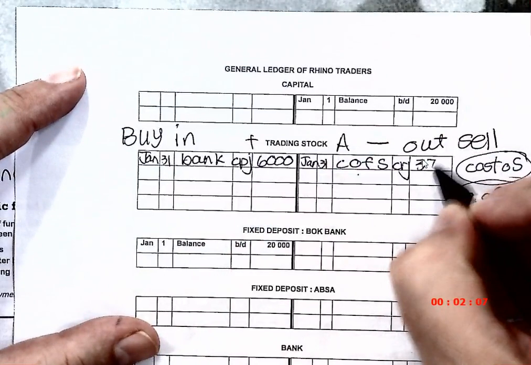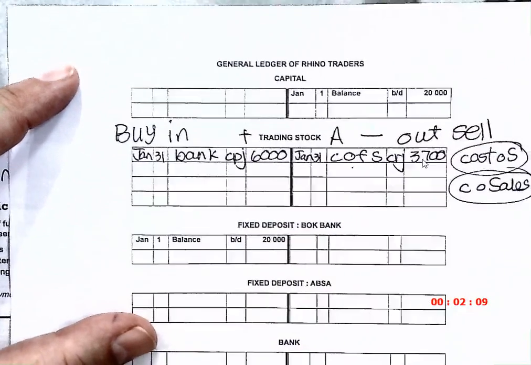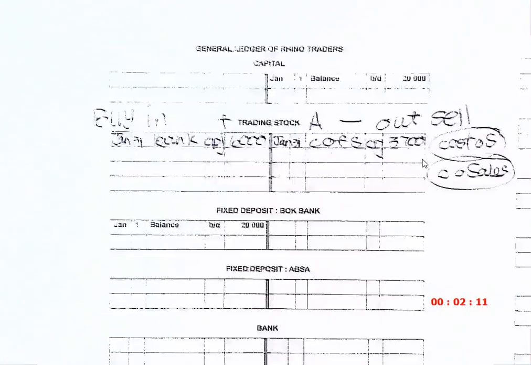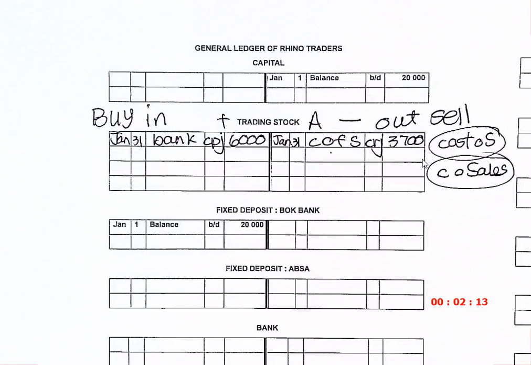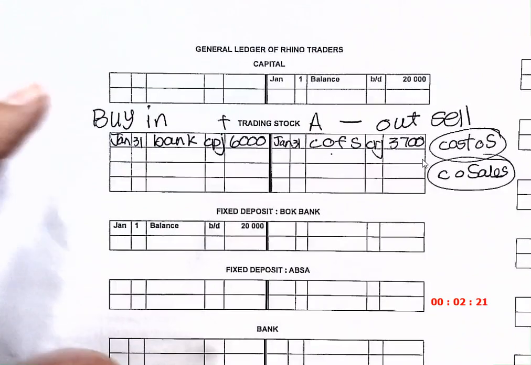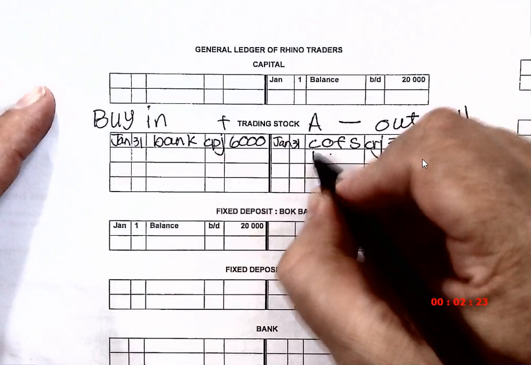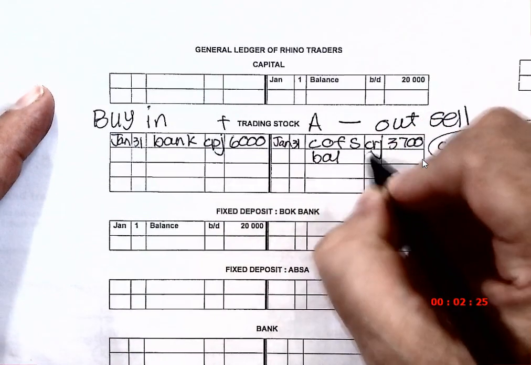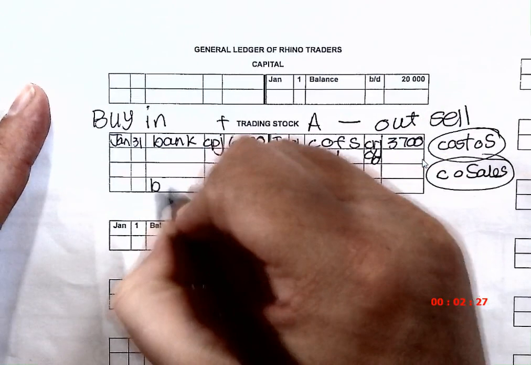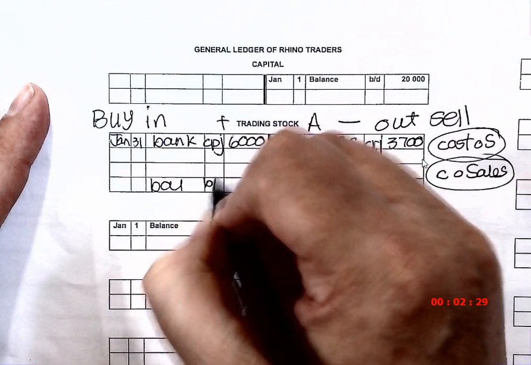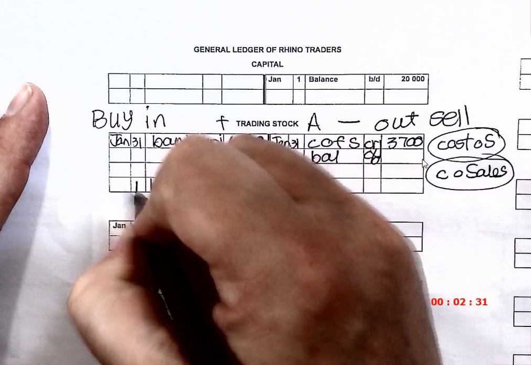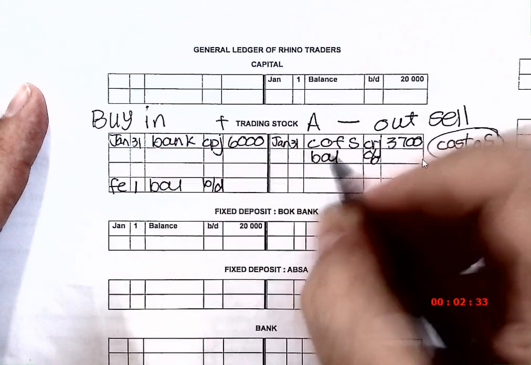Now I need to go balance. When I balance, the only account where the balance can move, debit or credit, is bank. All the other accounts will always be balance CO on the minus side, balance BD on the plus side. It will never change. And the balance BD is always the first of a month.